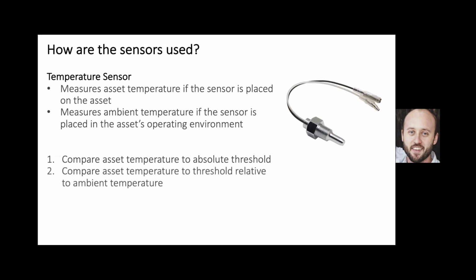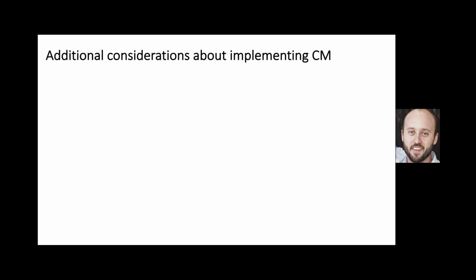We can also look at how the device or the asset is trending with the actual temperature in the environment that it's installed. So oftentimes we'll be looking at temperature on the asset itself and then also in the operating environment.